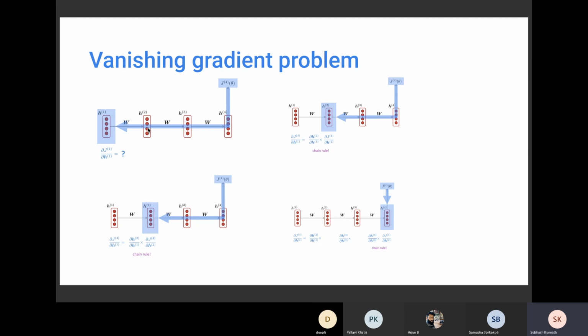You have an error function, or the cumulative error, and you want to update the weights with respect to this particular hidden state. At this particular step some error has occurred, and I want to update that weight. But you had 4 time steps, and at the end of step 4 you want to update the weight for adjusting the error that might have happened at the first stage.